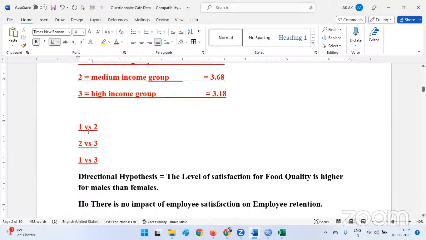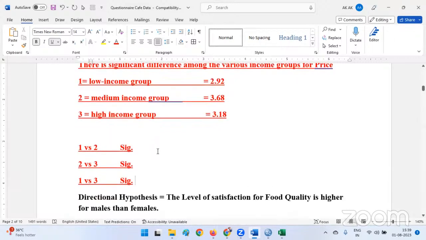We have to make 3 comparisons, and for 3 comparisons there will be 3 significance values.